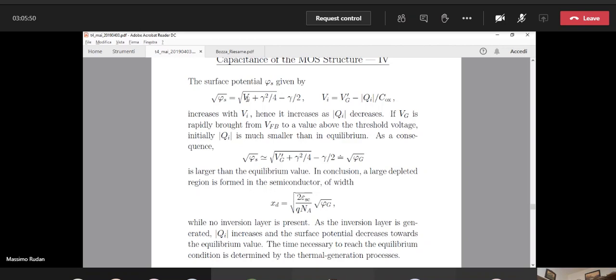So this is, of course, a purely qualitative description, but we shall see very soon that this is a fundamental operation that is used in practice for implementing a class of optical sensors.